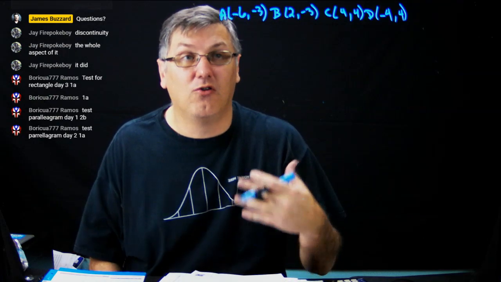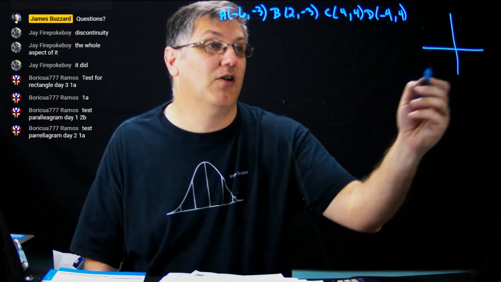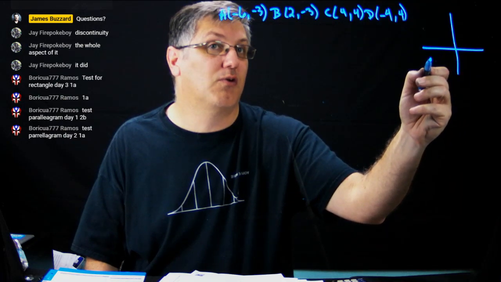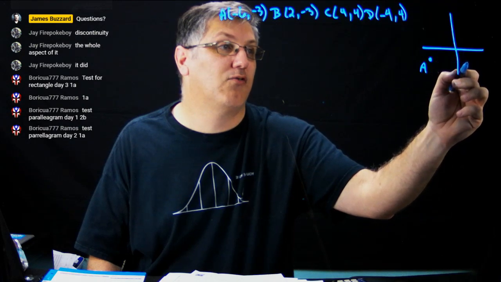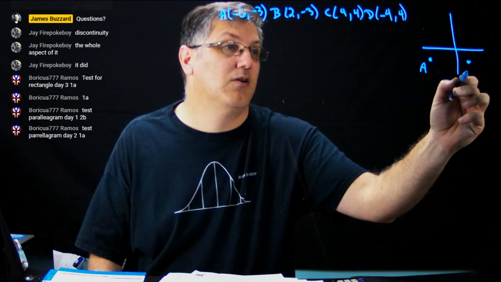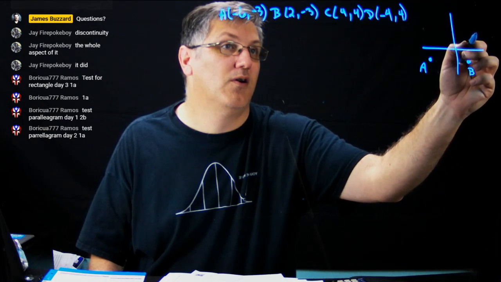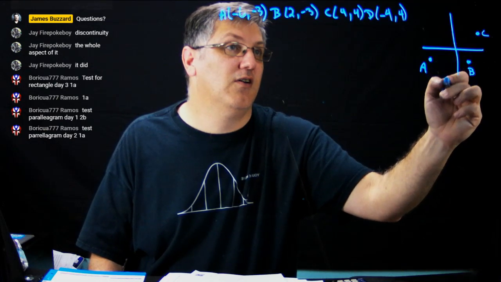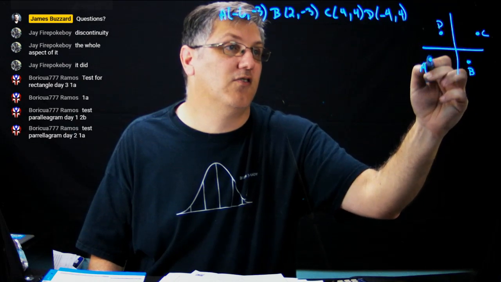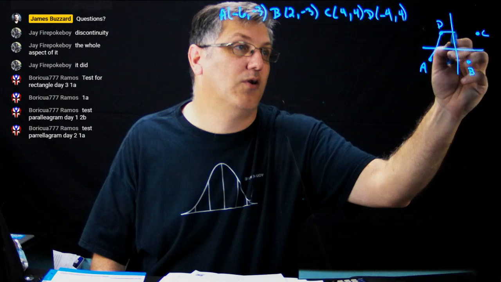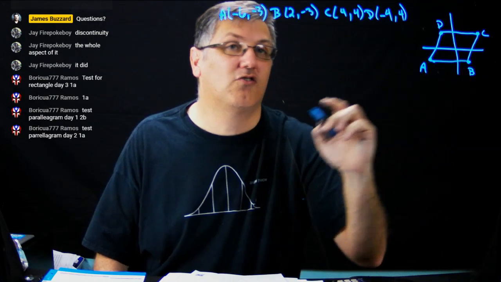So the first thing I need to do, let's do a rough sketch so we get an idea of what's going on. So I have -6, -3, this is A. I have 2, -3, this is B. I have 4, 4, this is C. And then I have -4, 4, this is D. So it kind of looks like a parallelogram, but we have to do the math to make sure.